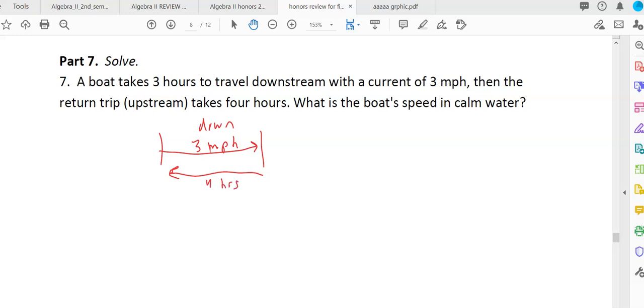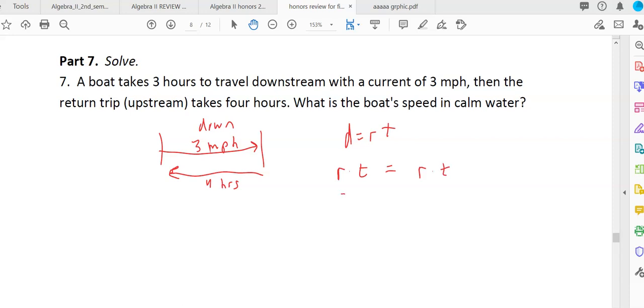So we've got the distance is really the same here. So distance equals rate times time. So rate times time of the first trip equals rate times time of the second trip.